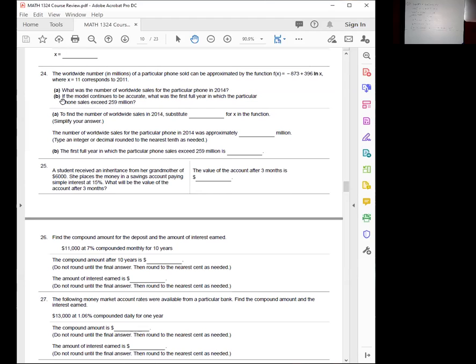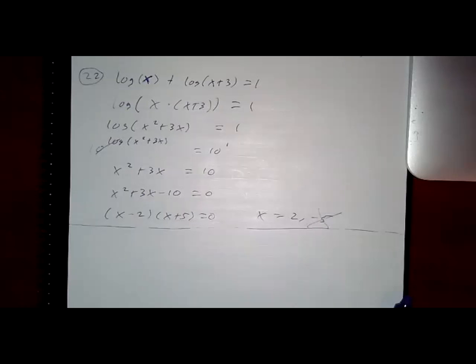Part B: if the model continues to be accurate, what was the first full year in which the particular phone sales exceeded 259? So they want to know when the y value is 259. You'd have to set this equal to 259 and solve for x, or you could graph it and just look at it.